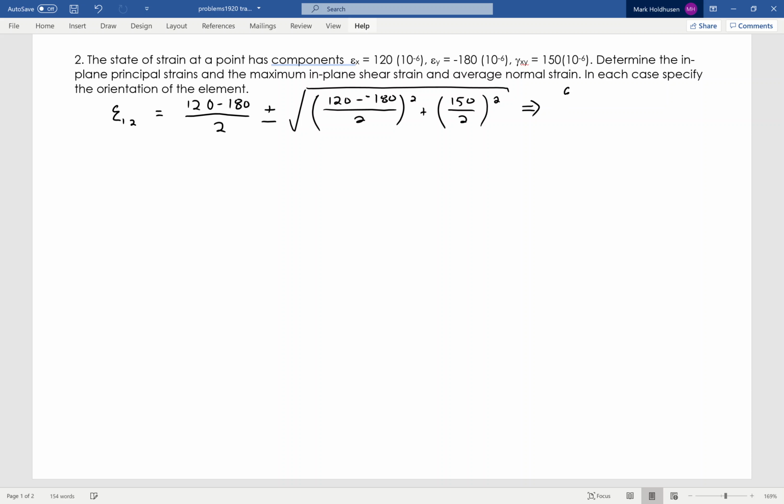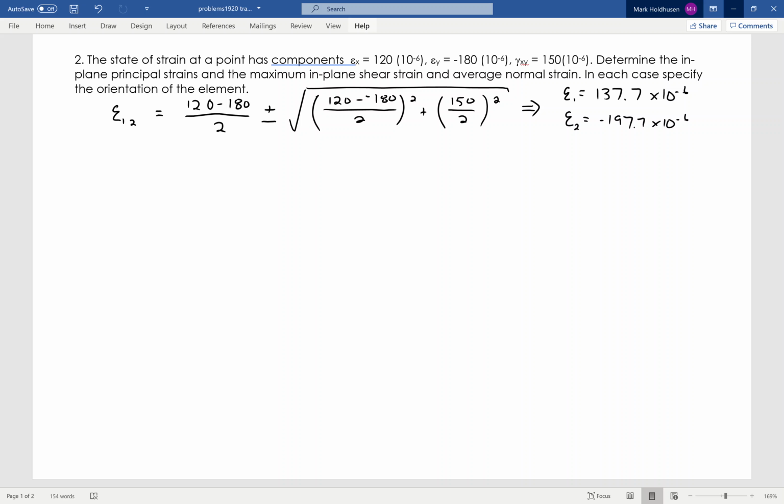Calculating these, I can find that my maximum strain is 137.7 times 10 to the minus 6. And again, these are unitless numbers because they're strain. It's like micrometers over micrometers. And then minus 197.7. So you can see my maximum strain is not 120, it's actually 137.7.